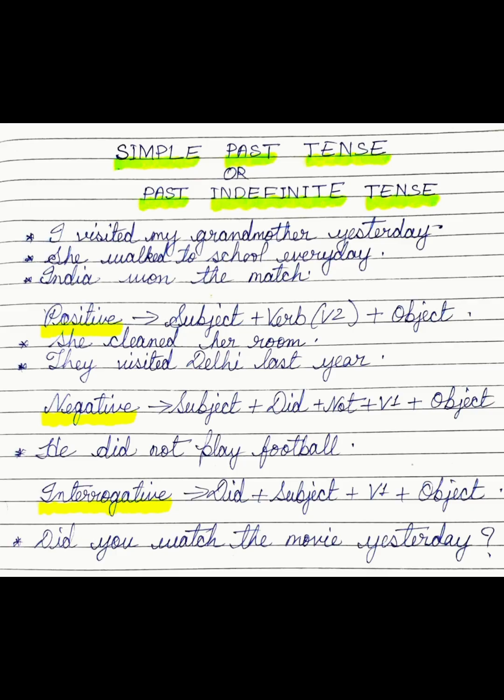So today we learned definition, uses, positive structure, subject plus second form of the verb plus object. In negative structure, subject plus did plus not plus first form of the verb plus object. In interrogative structure, did plus subject plus first form of the verb plus object. In positive, second form of the verb, and with did, first form of the verb.